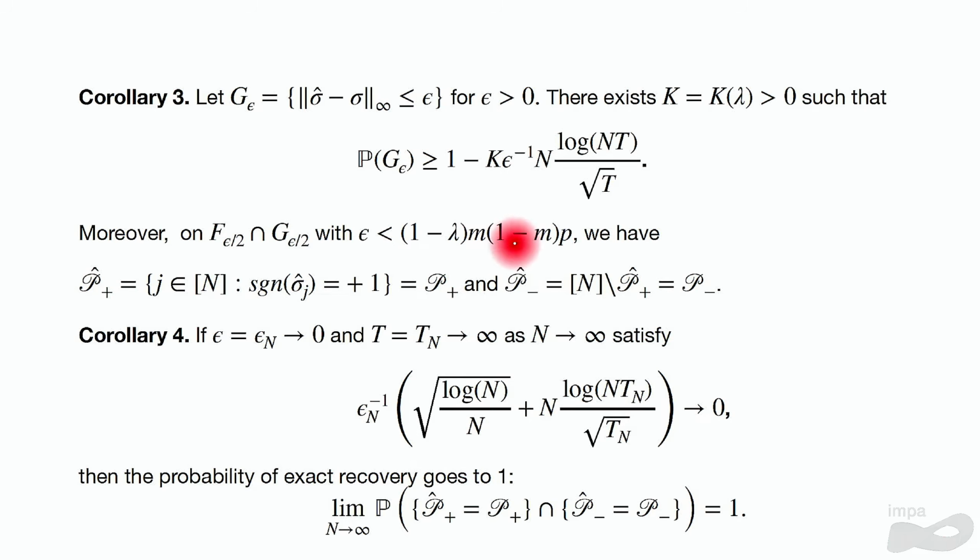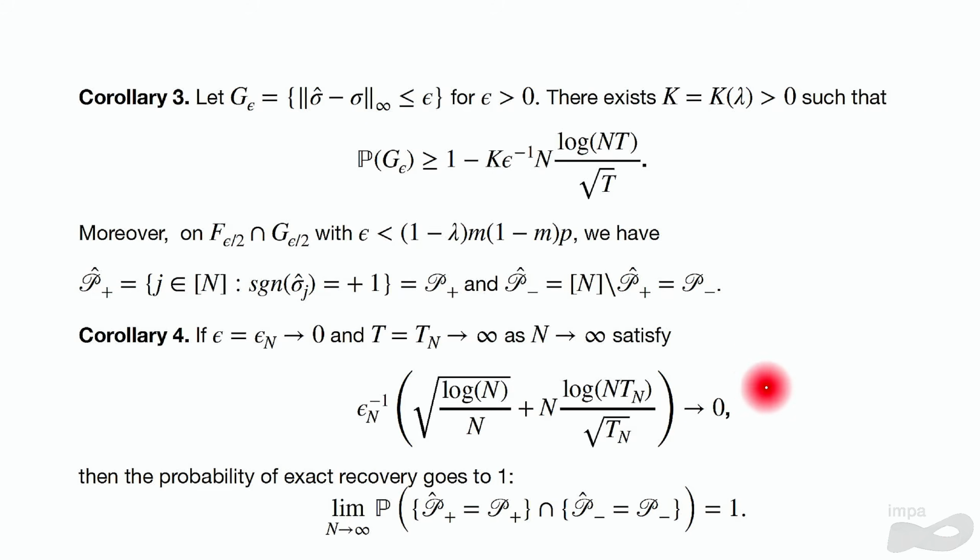If epsilon goes to 0 and n and t go to infinity sufficiently fast, such that this condition holds, we can prove that the probability of exactly recovering these two sets goes to 1.